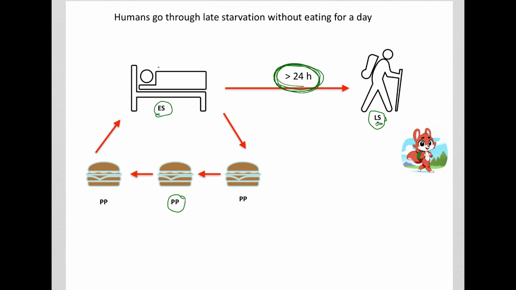So if you do not eat for more than a day, then we can get into a late starvation program, and this is something more of an emergency program. For example, you're hiking in the woods and you lose your way and you don't have any food left and you haven't eaten for a day, then your body will get into this late starvation program.